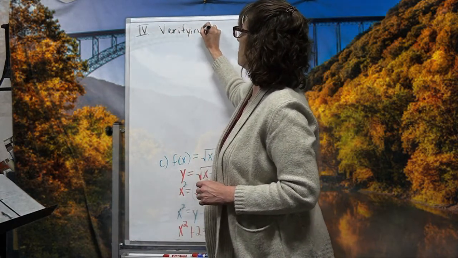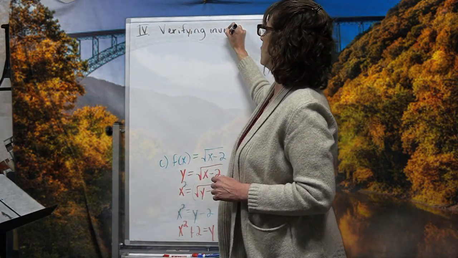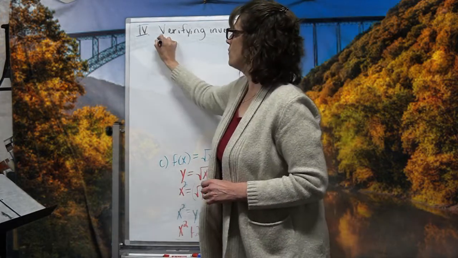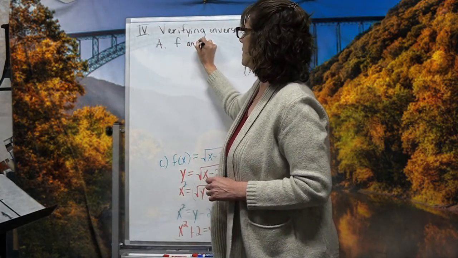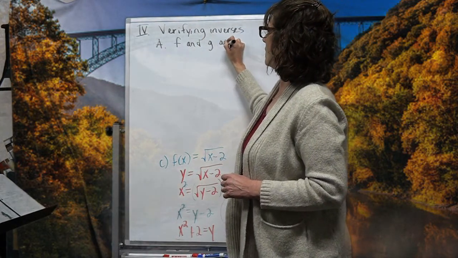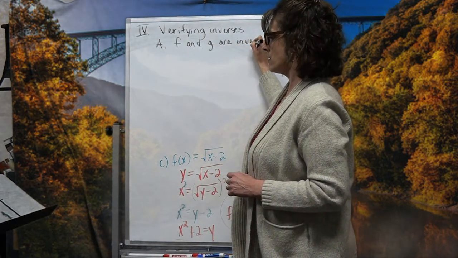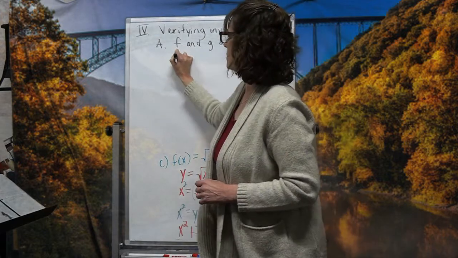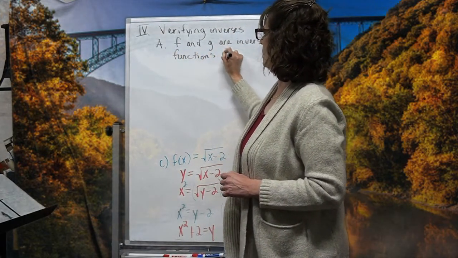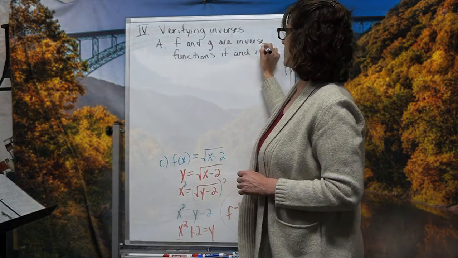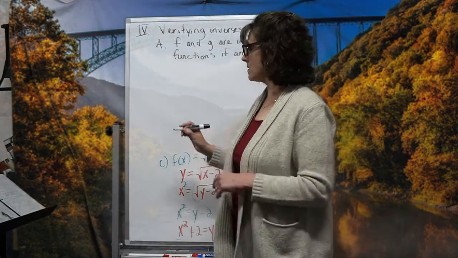this is why we did our composite functions back before. In order to verify that you have inverses, f and g are inverses or inverse functions if and only if, in other words, it's got to be this.